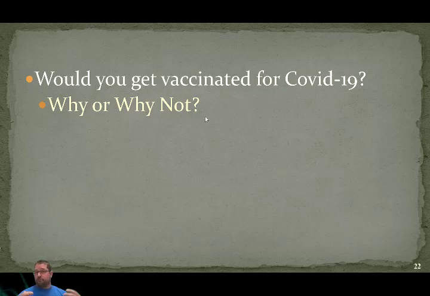Okay? We've been spending billions of dollars on trying to create a vaccination for COVID-19. One of the key components is if you don't vaccinate the majority of people, then you can't eradicate a disease. Okay?